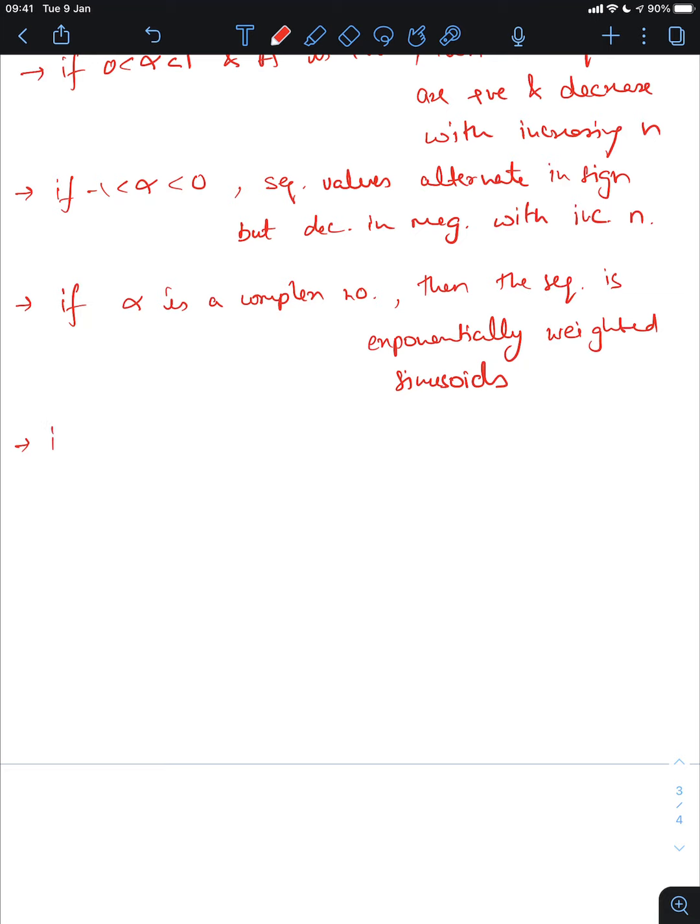So if both alpha and a are complex numbers, they can be represented using the polar form of the complex number as alpha is equal to the magnitude of alpha e to the power j omega naught, and you have a as mod a e to the power j phi.